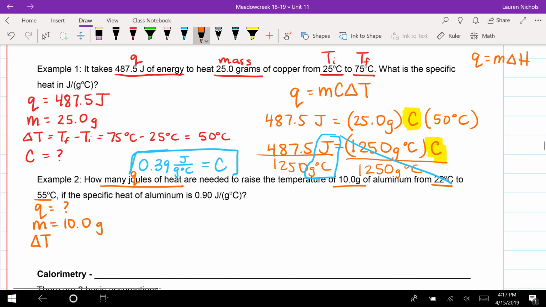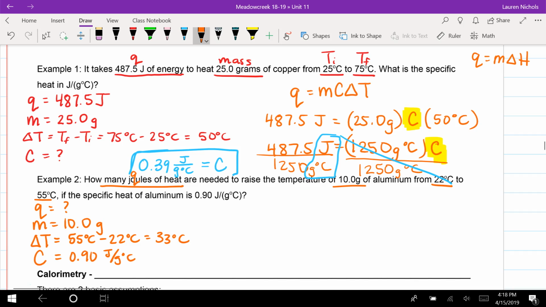So those are temperatures. So my delta T is 55 degrees minus 22 degrees, which gives us 33 degrees Celsius. And they tell us the specific heat, so C is equal to 0.90 joules per grams degrees Celsius.